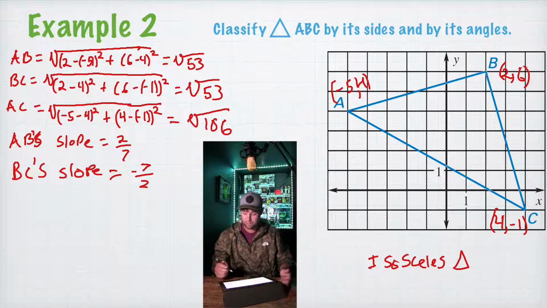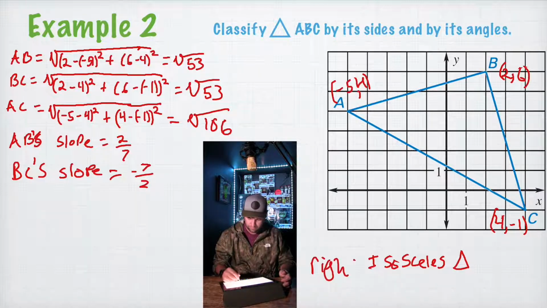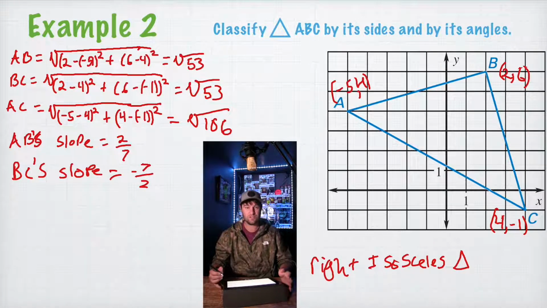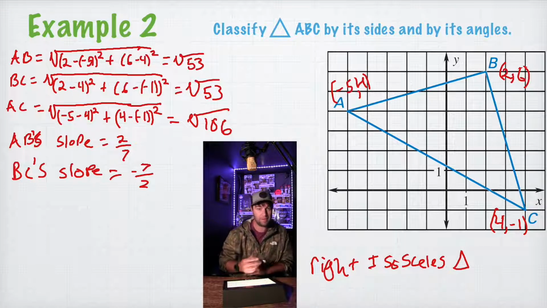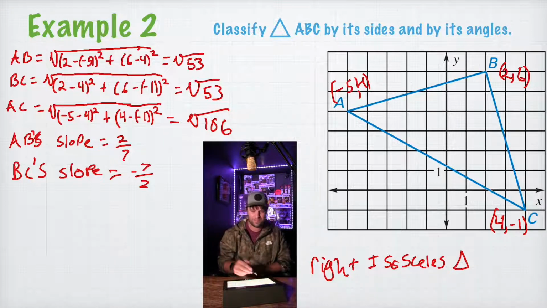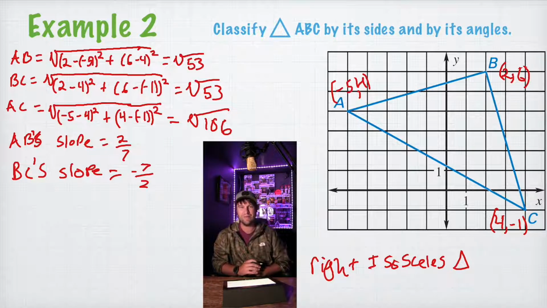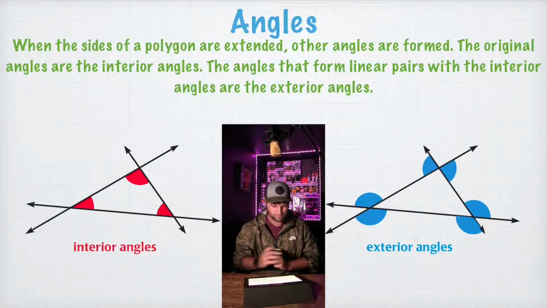So we know if it's an opposite reciprocal, that is going to be a right angle. So it's a right isosceles triangle. I hope that made sense. Feel free to work this out completely by hand. I just didn't want to take the time. We do this almost every lesson. So just trying to save you time, save me time, and let's keep going.